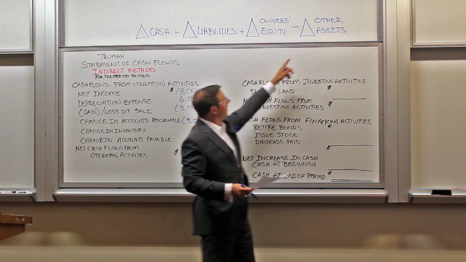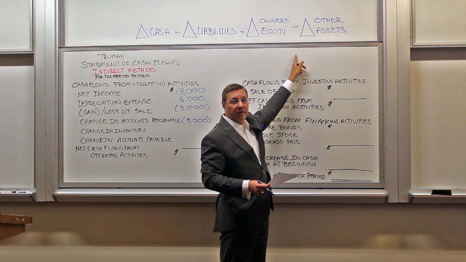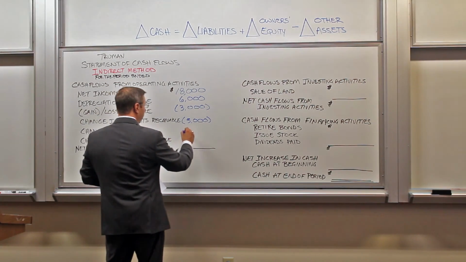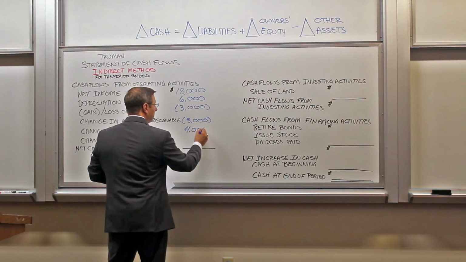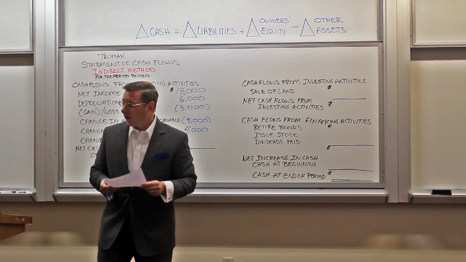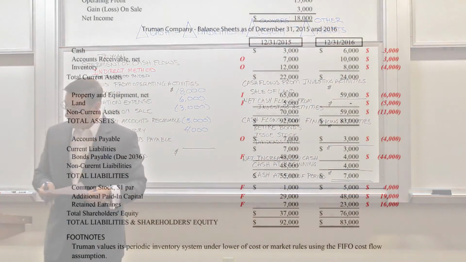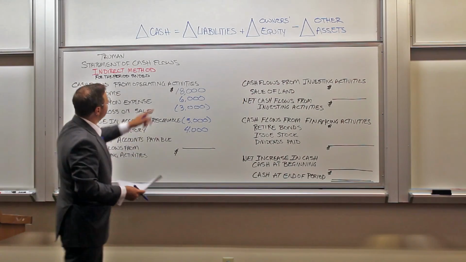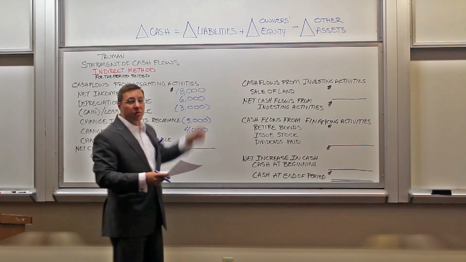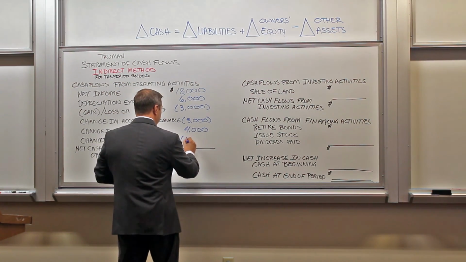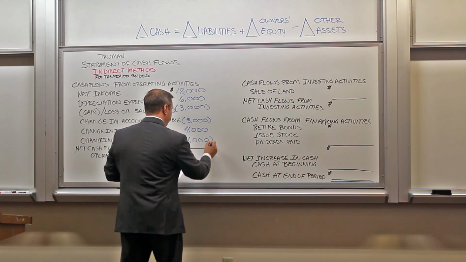Since it's an other asset, negative times a negative is a positive, we add back that change in inventory, $4,000. Our accounts payable went down by $4,000 from the previous year to the current year. Since that is a liability, there's no change in sign, we subtract that change in accounts payable.